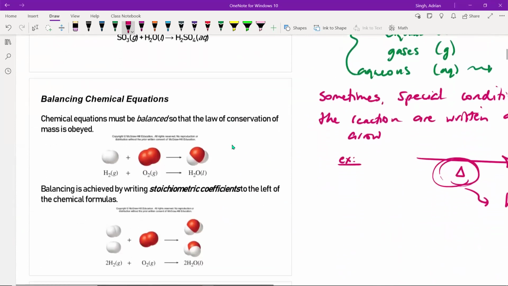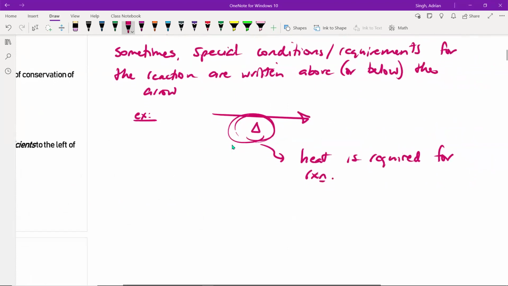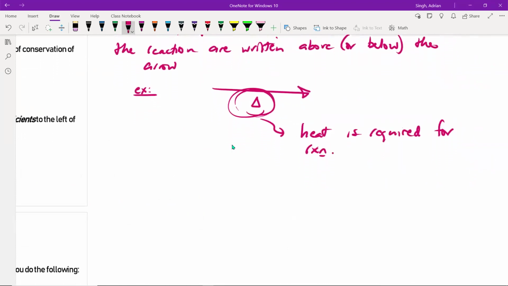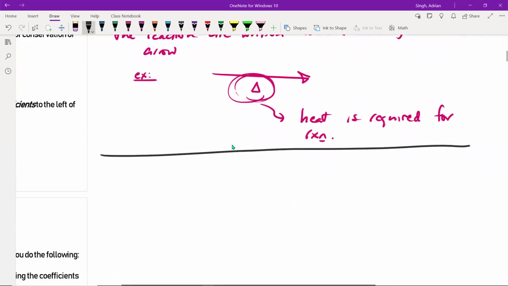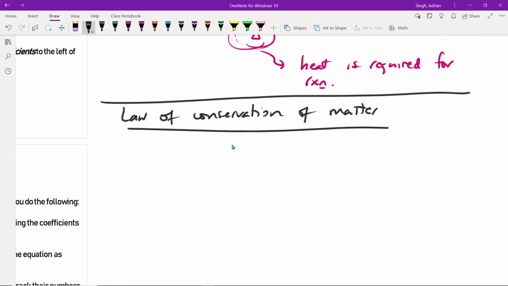Okay, so when we write chemical equations, one very important thing that we need to keep in mind and pay attention to is probably one of the more important laws in chemistry and in science in general, and that is known as the law of conservation of matter. We saw this law earlier on in the semester. Just as a quick summary of this law, matter cannot be created nor destroyed.